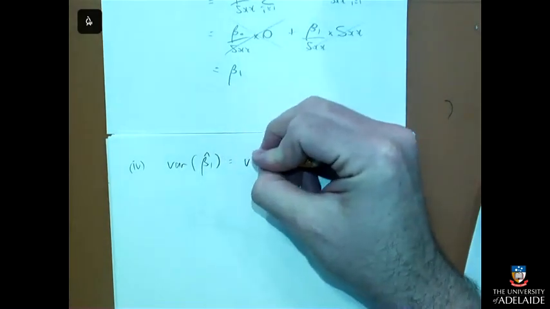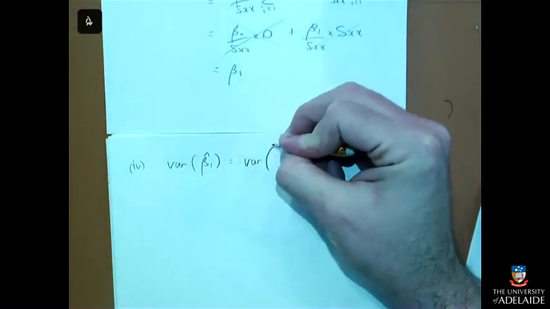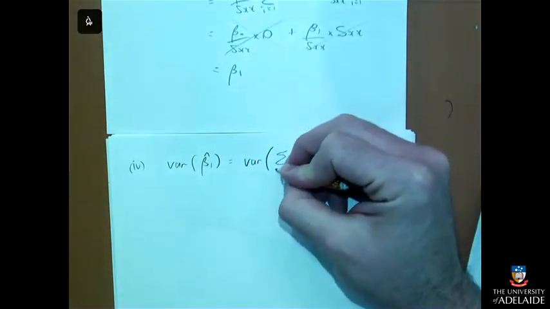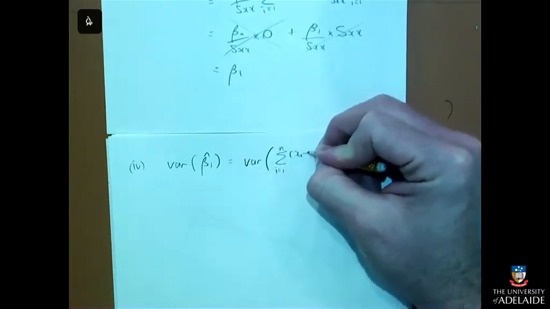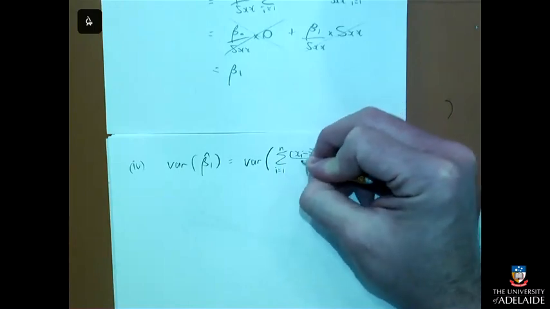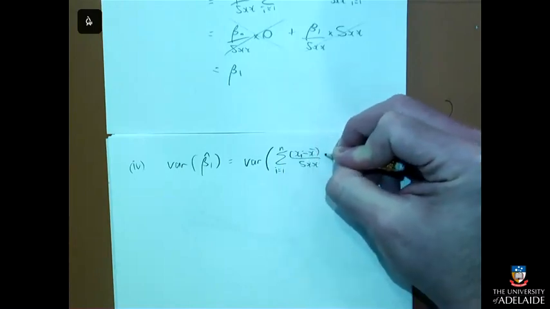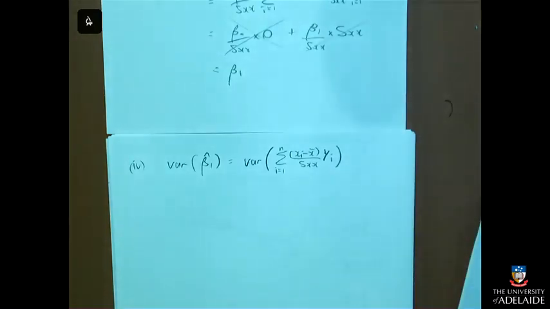My first instinct is to use properties of variances rather than the definition of the variance. So this would be the variance of that.